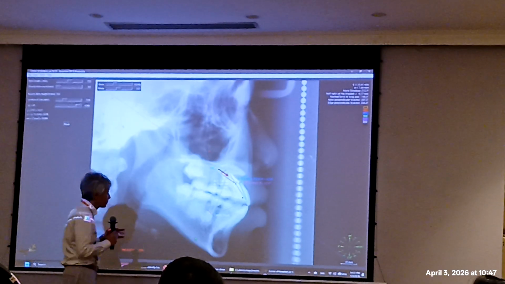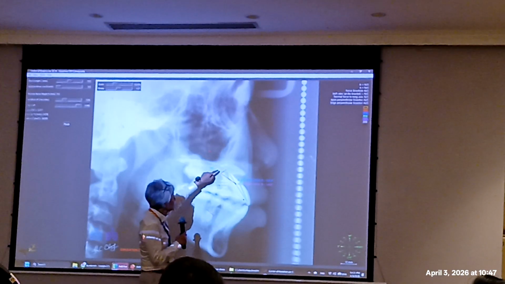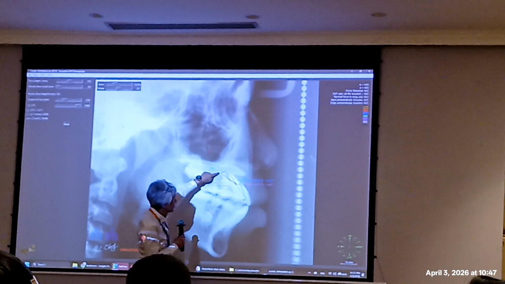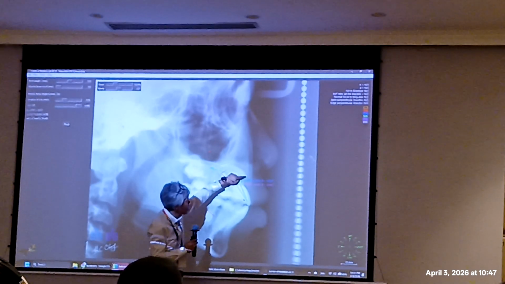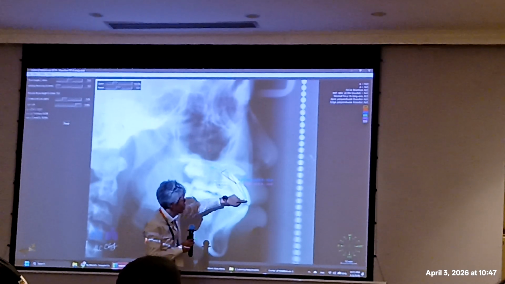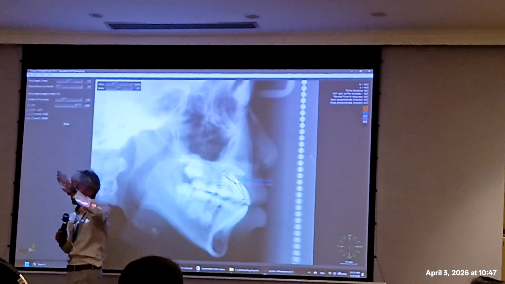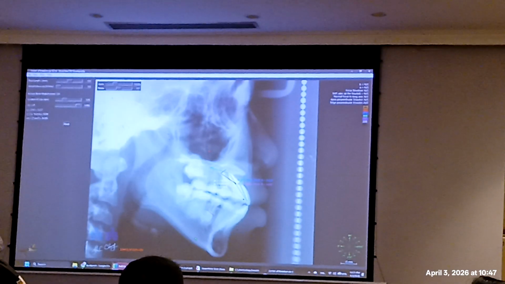So as you can see, this is the trajectory of the movement of the center of resistance, and this is how the incisal tip moves. It goes downward and backwards, and then approaches the final destination in 2 paths, not from the direct linear pathway.